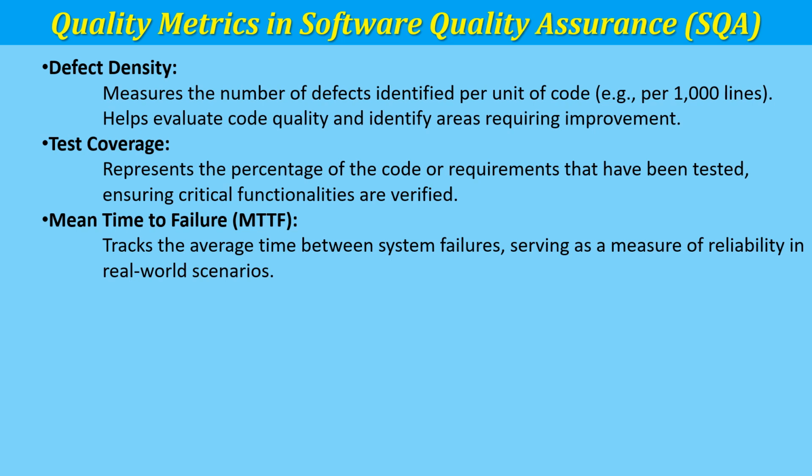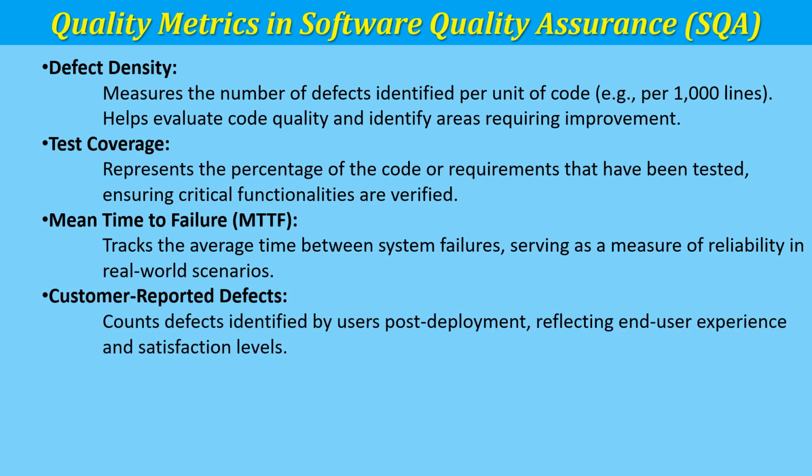Mean time to failure (MTTF). A higher MTTF indicates robust software reliability, crucial for user satisfaction and system dependability. Customer reported defects. Reducing customer reported defects builds trust, ensuring the software is delivered to user expectation.